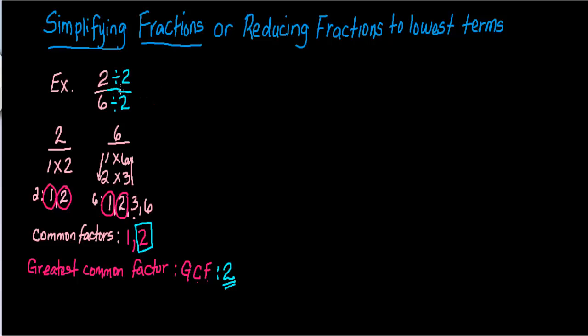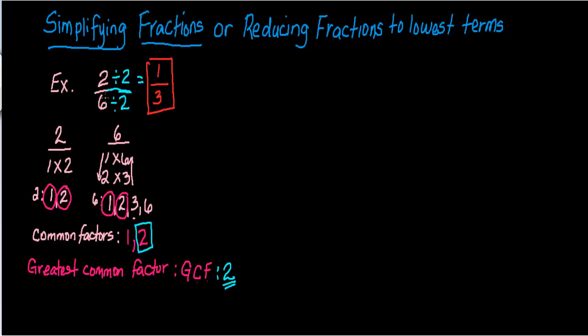Okay? In the numerator, I get 2 divided by 2, which is 1. And in the denominator, I get 6 divided by 2, which is 3. And there is your answer.